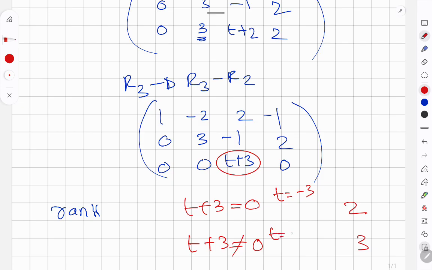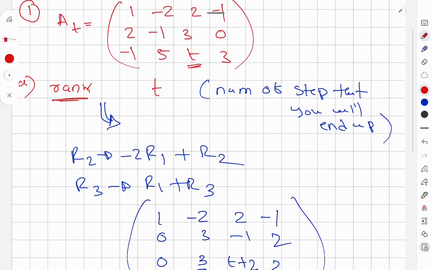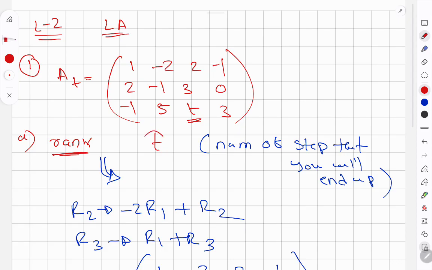Can't we just choose one of the scenarios? No, you have to analyze all the scenarios. As I said, the rank for what value of t, you have to identify them. You have to write both the solutions.